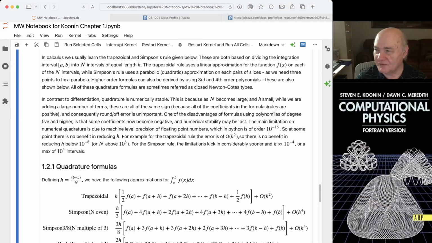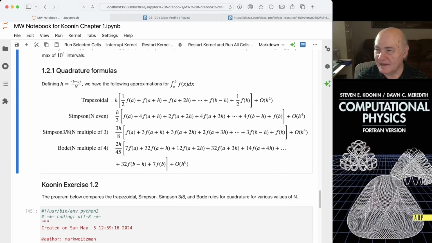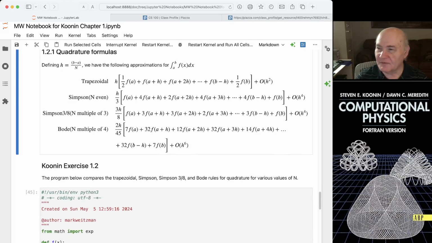So quadrature is stable. Right here I have some of the most famous quadrature formulas. There's the trapezoidal, where you basically take the endpoints, use a factor of a half, and then all the other points, which are evenly spread out, you just add them up. Very easy formula to program and implement.